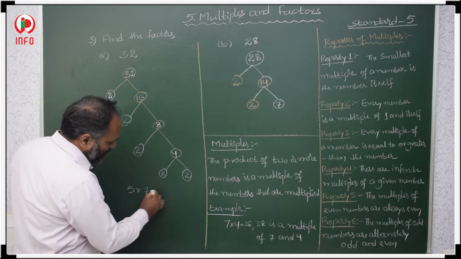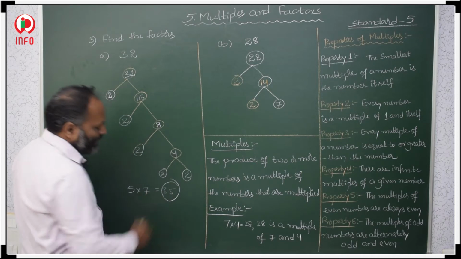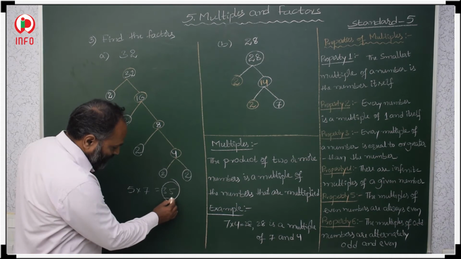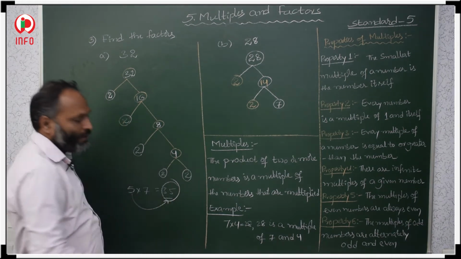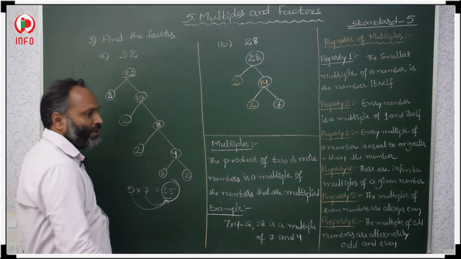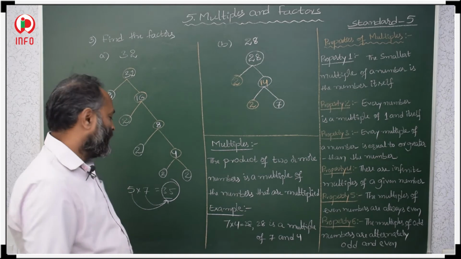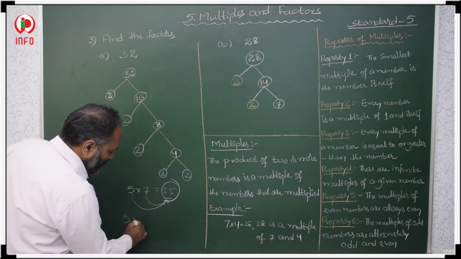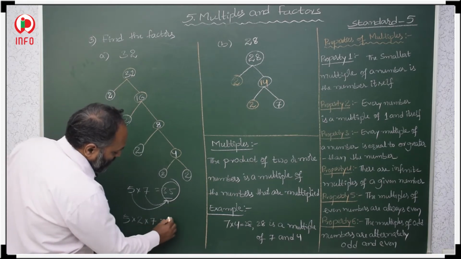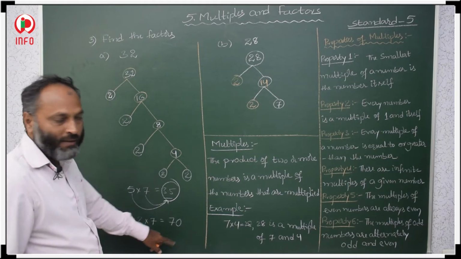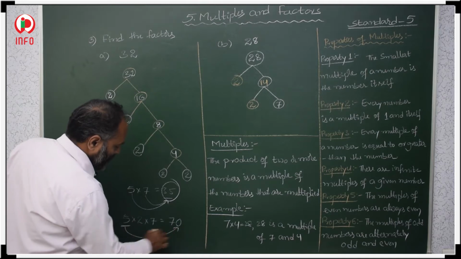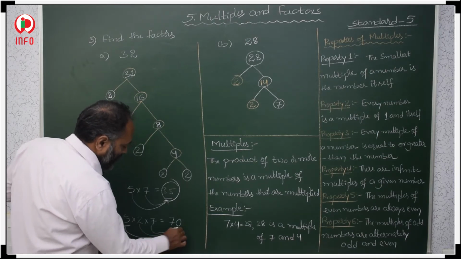For example, 5 7s are 35. This 35 is a multiple of 5 as well as a multiple of 7. If I say 5 into 2 into 7, 5 2s are 10, 10 7s are 70, the answer is 70. This 70 is a multiple of 5, a multiple of 2, and a multiple of 7.